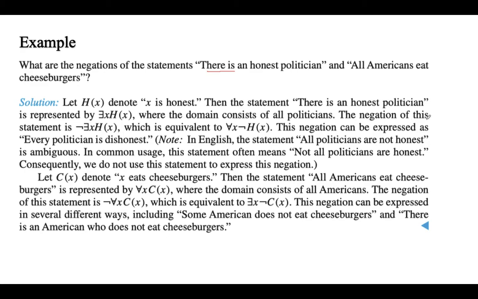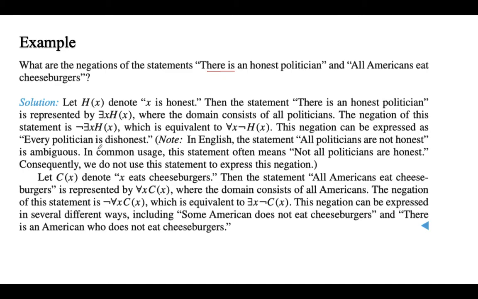The negation of this statement is not there exists x H of x, which is equivalent to for all x not H of x. H of x is what? x is honest. So not every politician is honest. The negation can be expressed as every politician is dishonest.